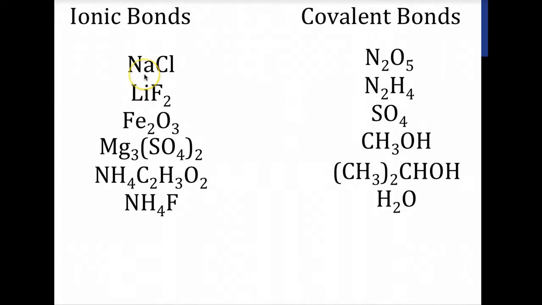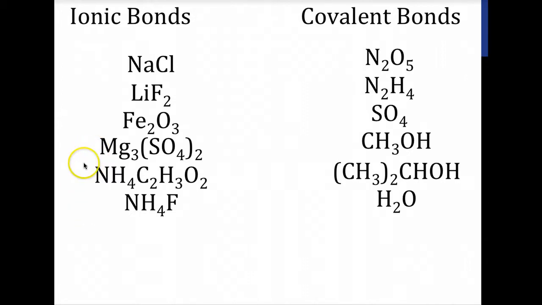Well, sodium is a metal, chlorine is a nonmetal, so that automatically makes this an ionic bond, metal, nonmetal. Okay, lithium is a metal, fluorine is a nonmetal, ionic bond. Iron is a metal, oxygen is a nonmetal, ionic bond. Magnesium is a metal. We could stop right there. We don't even have to look at this SO4 because if it contains a metal, it is an ionic bond.